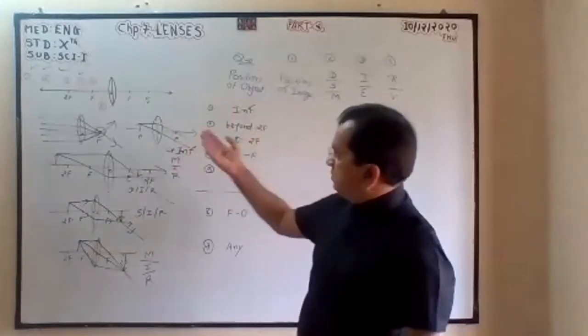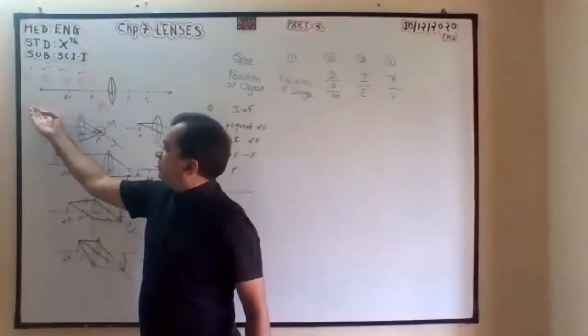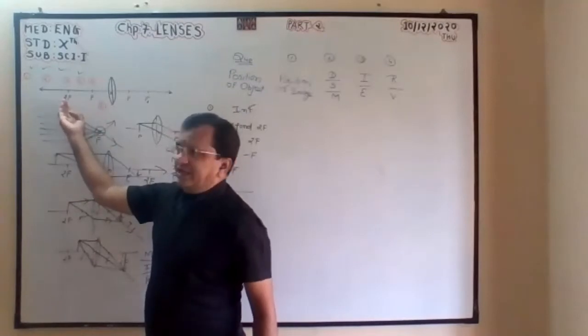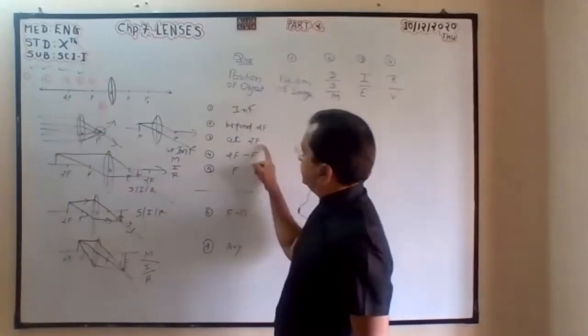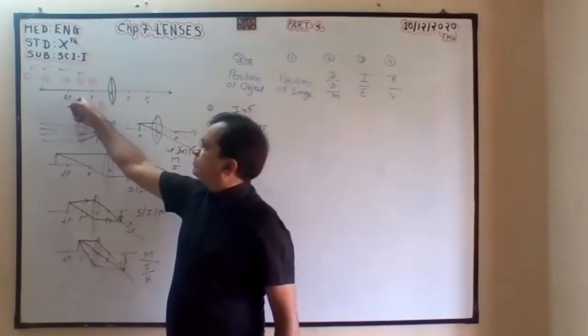Third, beyond 2F means after 2F; now exactly at 2F. Now in between F and 2F, anywhere.